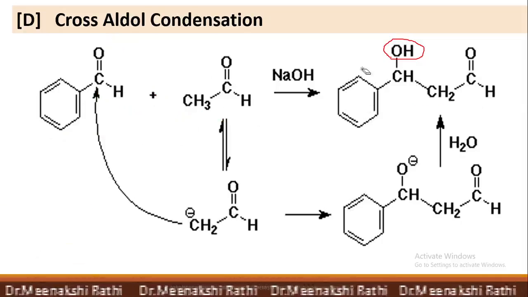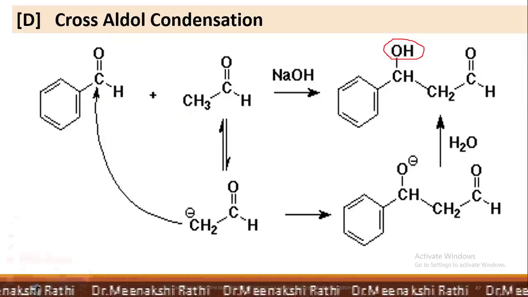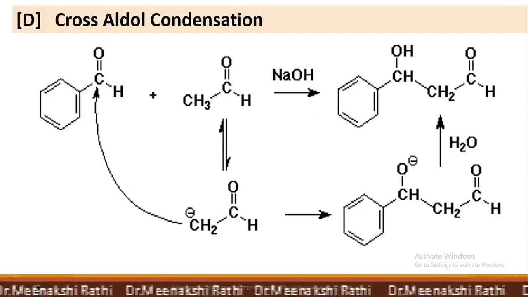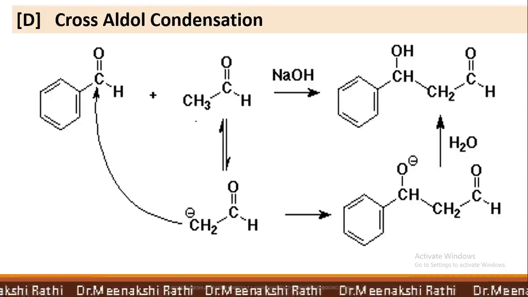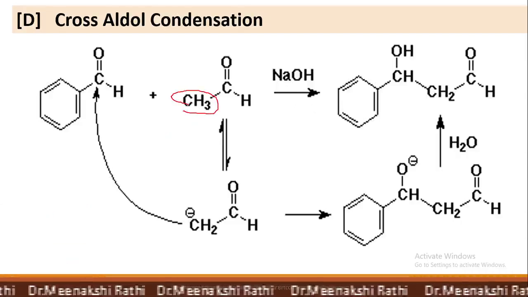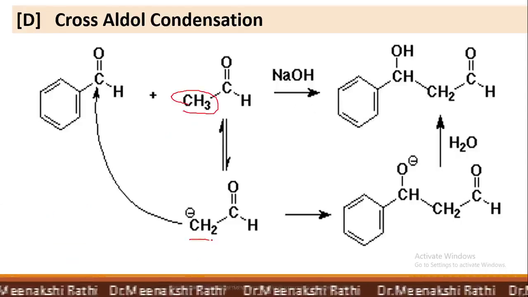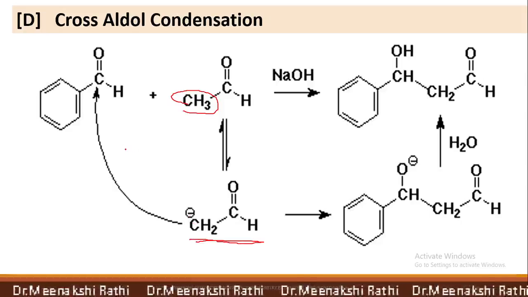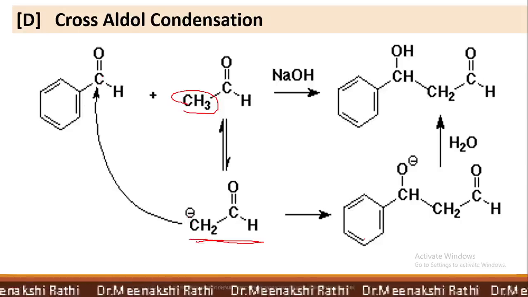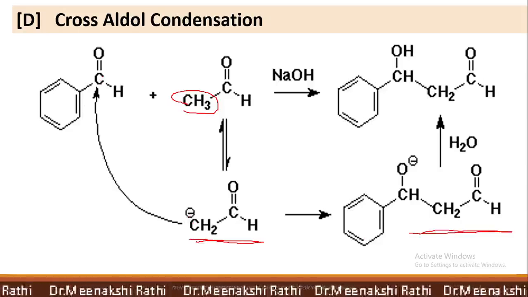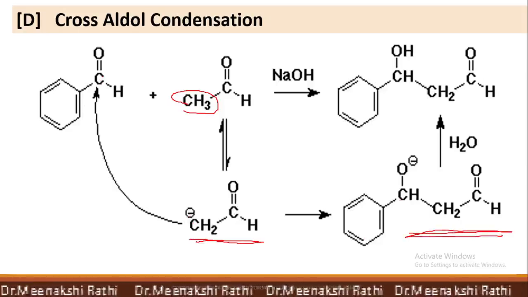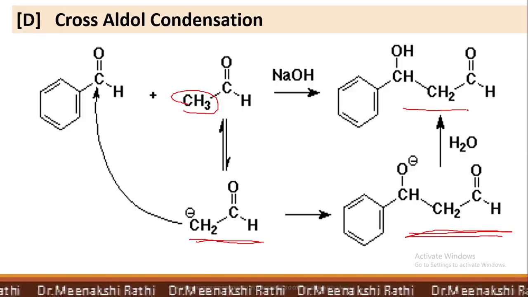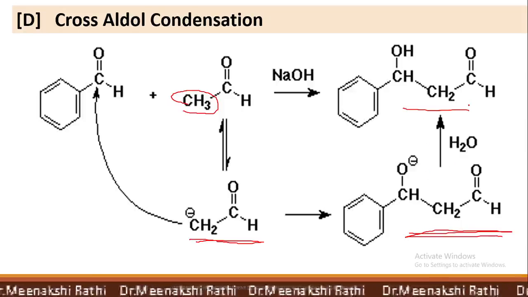Here, this NaOH abstracts the proton from this alpha carbon, so it gets converted into a negatively charged carbon, that is a carbanion, and this carbanion will attack this carbon. There is a formation of this negative ion. It accepts the proton from water and we get an aldol.